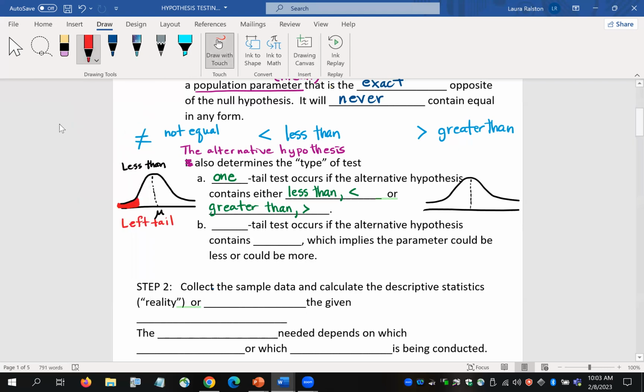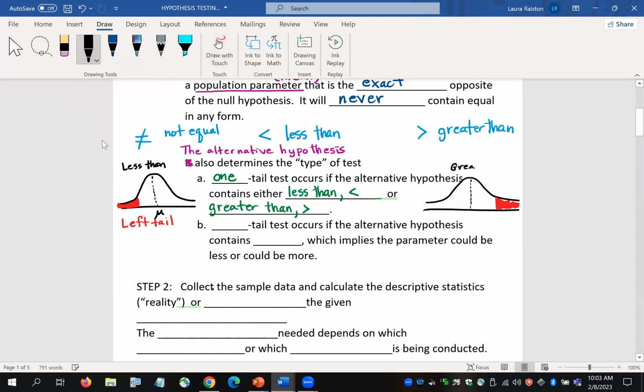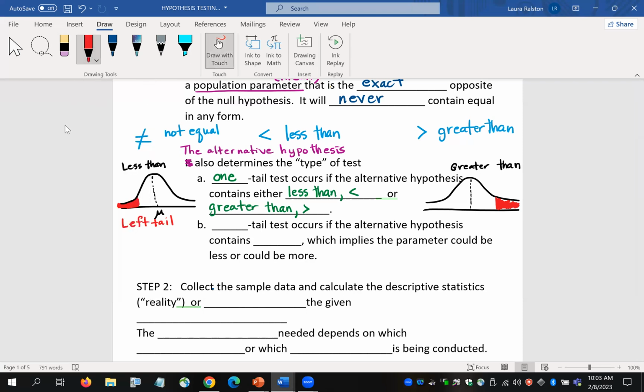So we again would have a rejection area to the right. And there's only one because there's only one way to be greater than. And so again, you only have one rejection region, so it's called a one-tail test. More specifically, because the region is on the right, it would be a right-tail test.